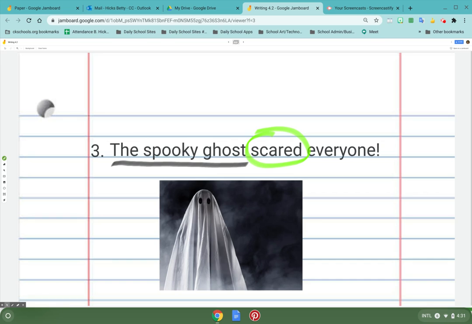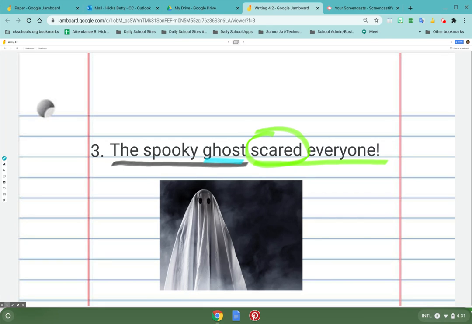All right. Then what I do is I complete my predicate. So everything after that verb is the predicate. The spooky ghost scared everyone. Then the next thing I do is I go, okay, I need to probably add those adjectives if I can. So there's ghost.